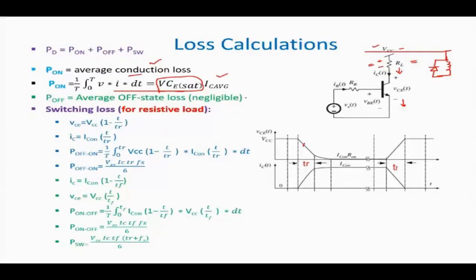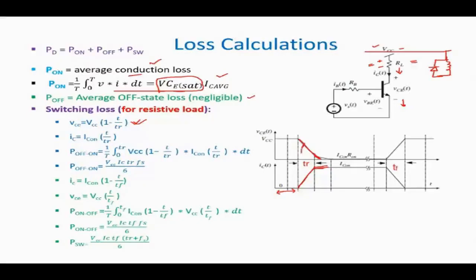The loss during the off condition is again negligible, and during the switching period, for simplicity, you can assume that this is VCC. So during this zone there is no loss. During this zone, you can assume this voltage waveform to be simplistic, like this kind of a straight line. So you can represent it by this equation, and the current waveform you can simply assume like this straight line after that.